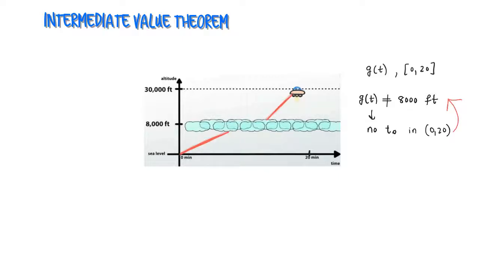You will not be able to find a time t sub 0 in the interval from 0 to 20 minutes such that g of t is equal to 8,000. And that's because of the mystery of this vessel. That's because its path, as we move through the path from below the layer, somehow the vessel managed to jump over to the other part of the layer, and then it continued the path. In other words, there is a gap here. Something doesn't exist here on the graph. The path was completely interrupted.